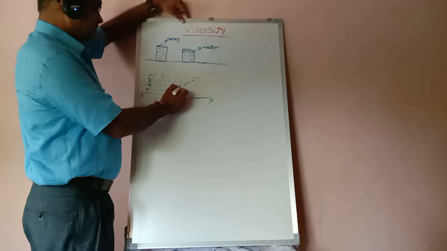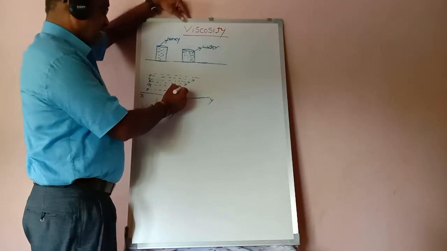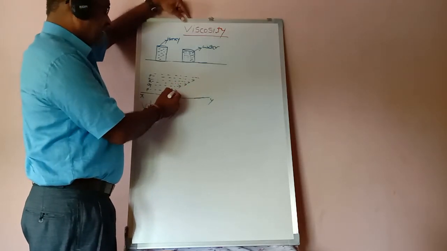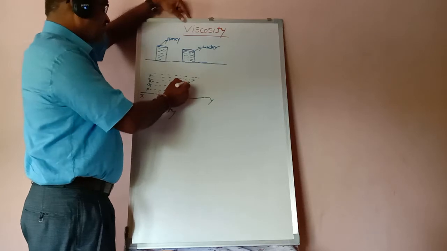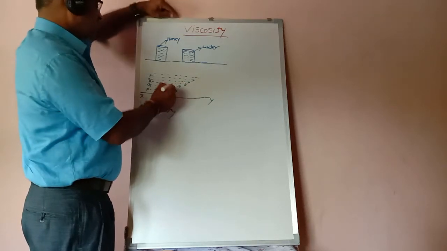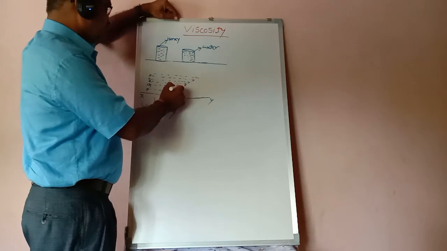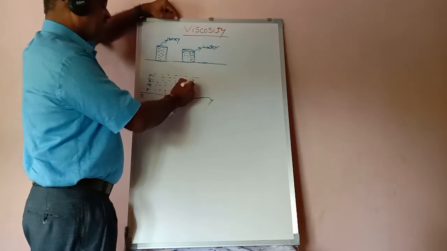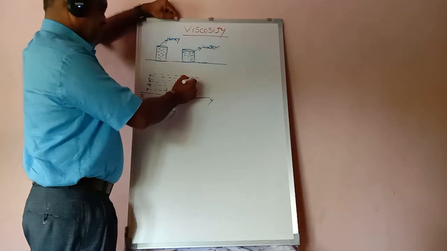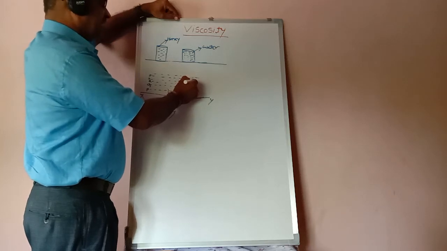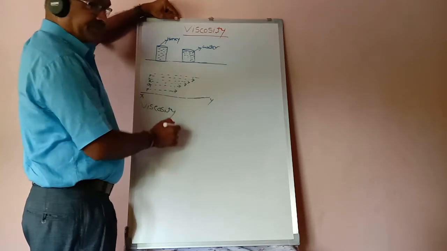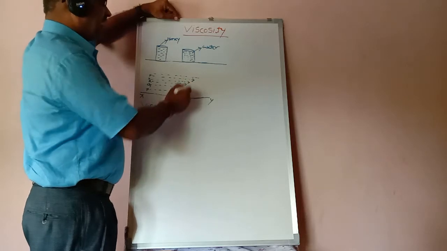So see this one, this layer's motion is opposed by this layer, this layer's motion is opposed by this one, like that.